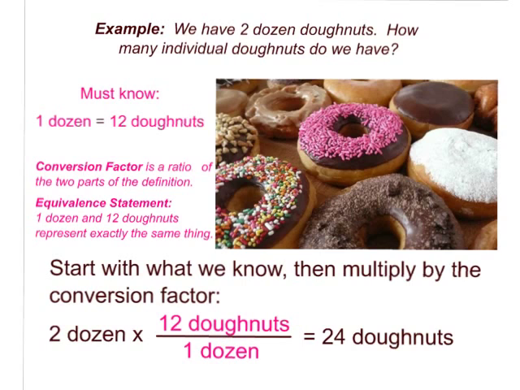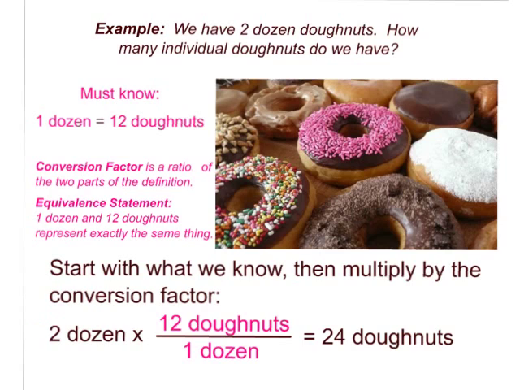So in essence, since they are both equal, the numerator and the denominator, we are simply multiplying 2 dozen by the number 1. And we know from math, anything multiplied by 1 is itself. So we haven't changed this at all. We're simply multiplying by 1. And that is this conversion factor or this equivalence statement.